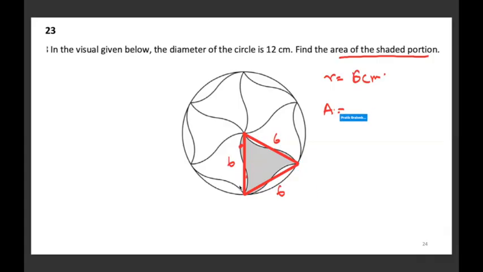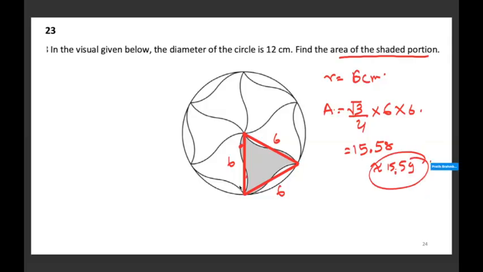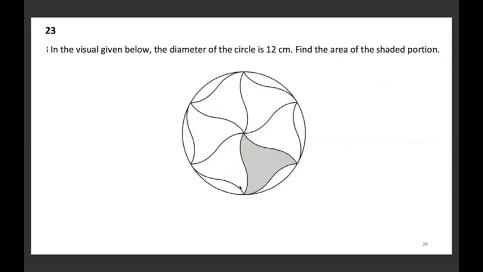So the area of the triangle will be √3/4 into 6 into 6. Okay. When you solve this, the answer comes to around 15.588 or 15.58, or it can also be 15.59, which is the correct answer. Okay. Let's move to the next one.